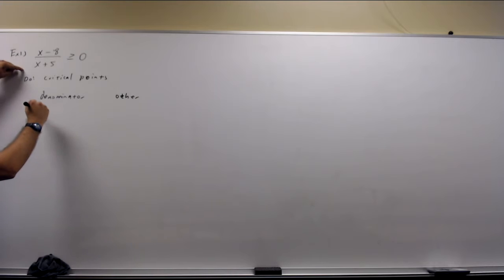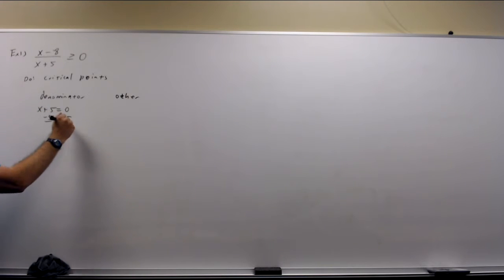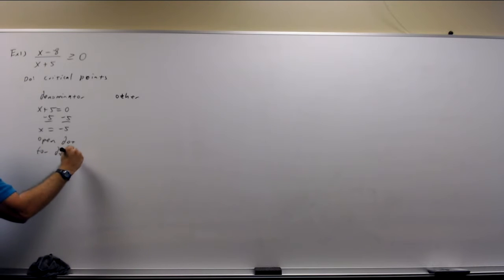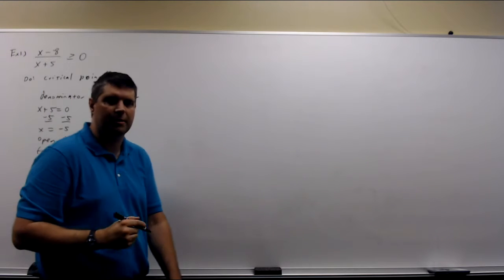So the denominator, x plus 5 equals 0. So I have x equals negative 5. And that's going to be an open dot for denominator critical points. Okay, so it's always going to have an open dot.